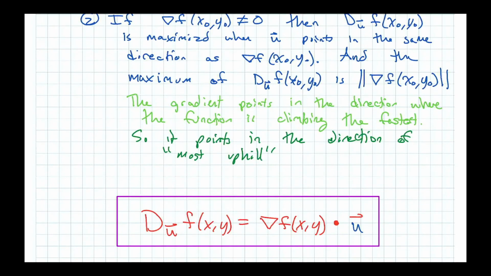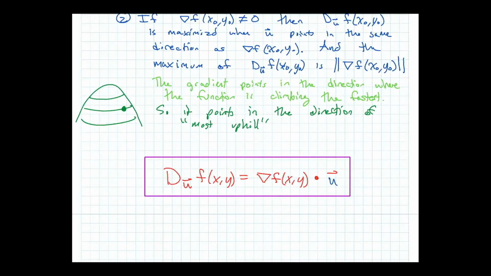Okay, so if I just draw a little picture here, say you took a place right here, and let's say that's centered at 0, 0. If you find that point, and let's say that point is (a, b), what direction does the gradient point in?